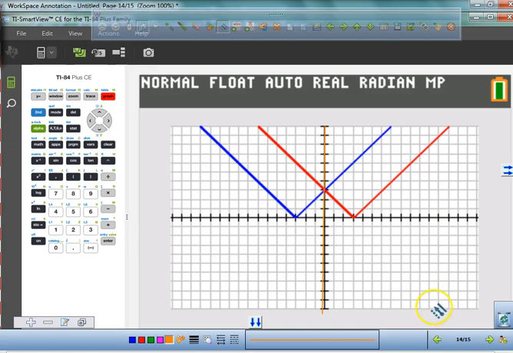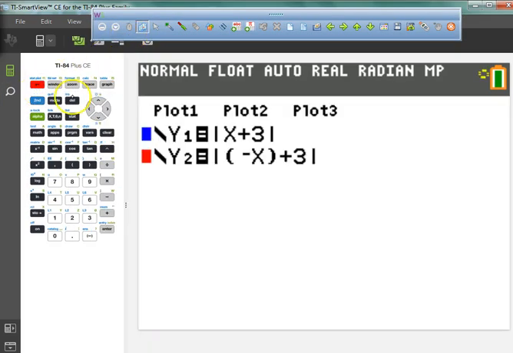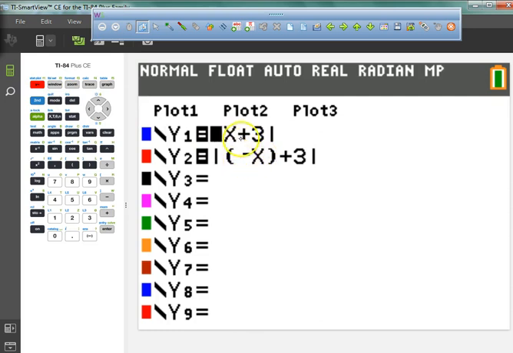No. It's not being translated. It's being reflected across the y-axis. Translation is either slide left or right or up or down. Now it does look like it's being slid, but it's really not. Okay? Here's why: because I changed all of my x's to be negative. Okay? So one thing we still need to cover tomorrow is what's called dilation. We'll cover dilation at the beginning of class tomorrow. Okay?